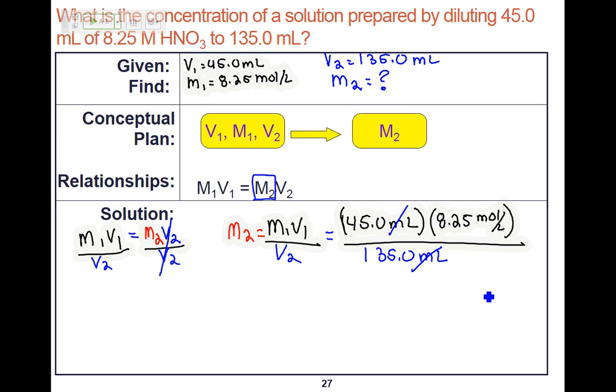So when I do this actual calculation, what I will get is a solution that has a concentration of 2.75 molarity, or 2.75 moles of HNO3 per liter.